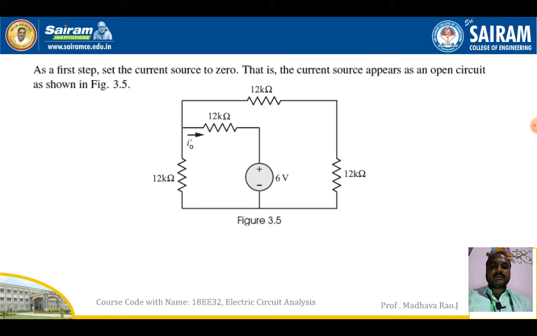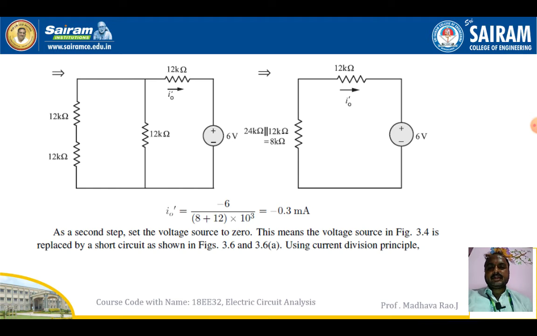Current source should be 0, which means the current source we have to open circuit. Current source should be open. Then apply the superposition principle and find I naught 1, or I naught dash.